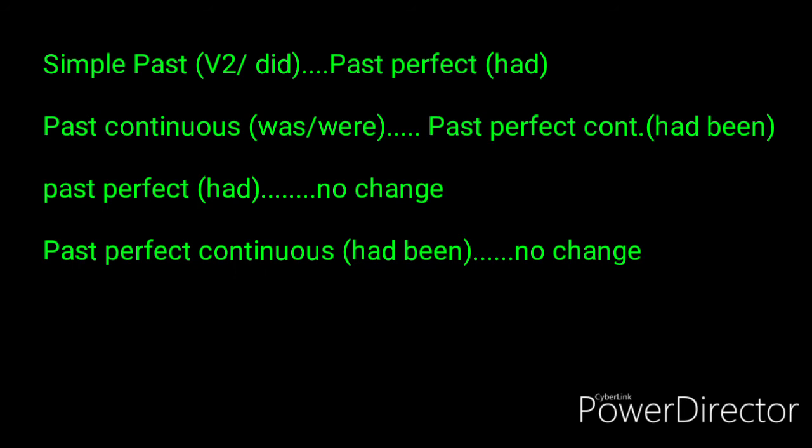In simple way, was or were is changed into had been. Past perfect tense is not changed. Had remains same. And past perfect continuous tense, had been, also is not changed. In this way, we can say that past perfect and past perfect continuous tenses are not changed.